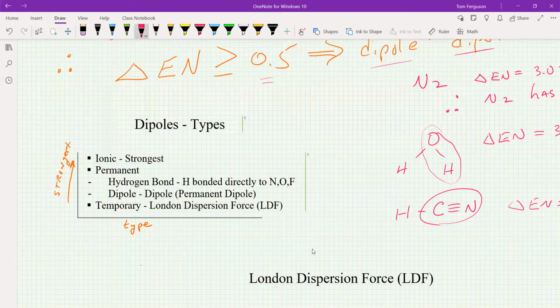There's permanent dipole, and that's where the electronegativity difference is greater than 0.5. And then we have something called a temporary or London dispersion force type of dipole, and it's the weakest.